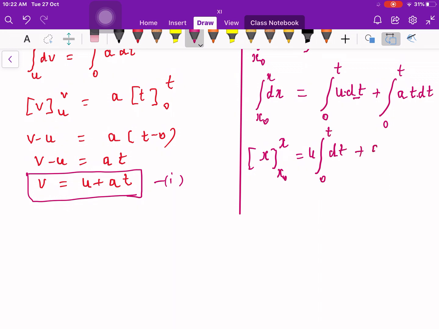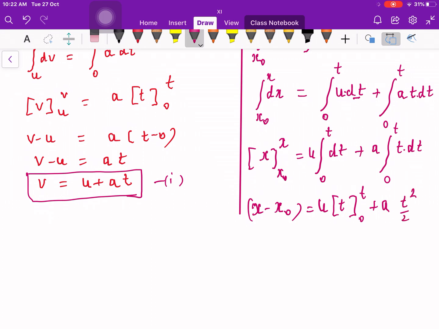Likewise here a is constant, because uniform acceleration is taking place, so it is from 0 to t and the integration of t is taken. Now upper limit minus lower limit: the integration of dt is simply t from 0 to t, and likewise here a, and the integration of t is t square upon 2, with limits 0 to t.